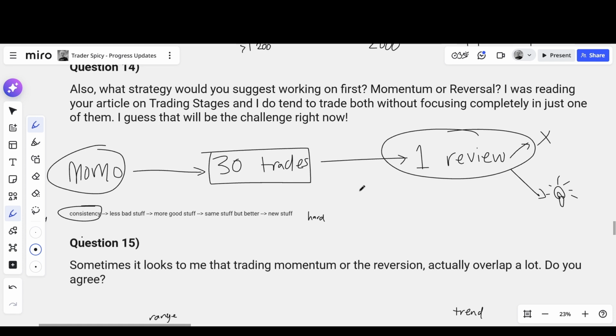That's literally it. You just go through every single trade screenshot and say, yep, followed it, yep, followed it, didn't follow it, didn't follow it, yep, followed it. And you're just trying to identify the trades where you broke the rules.